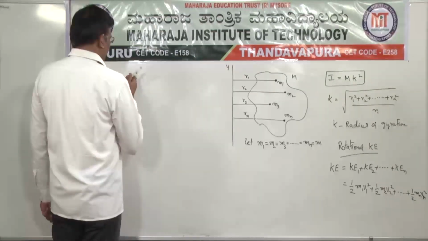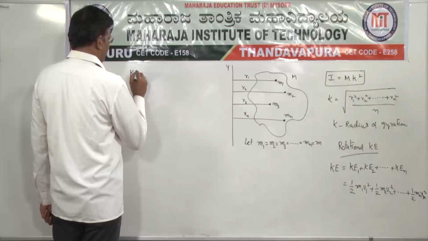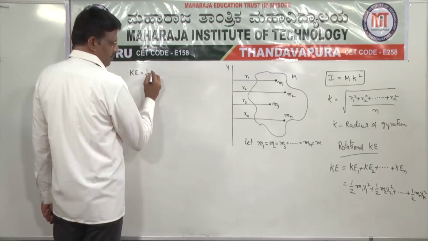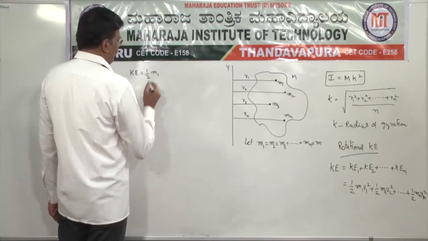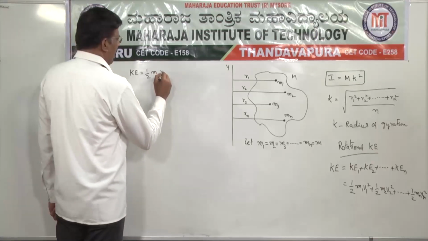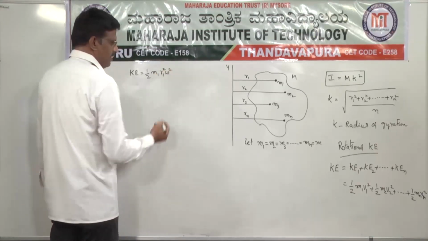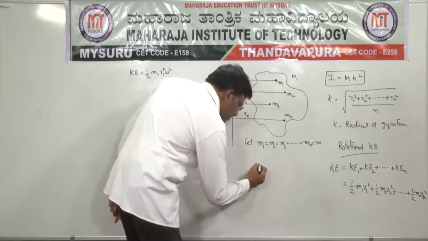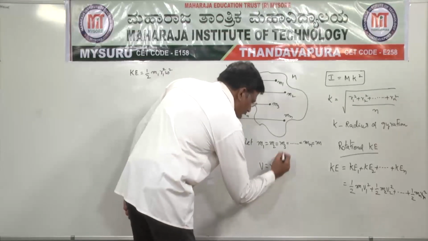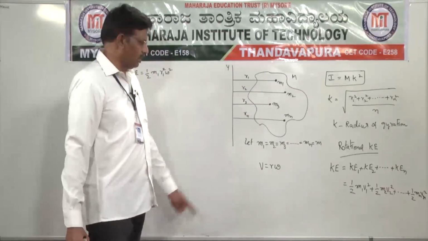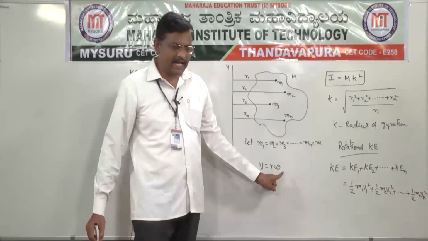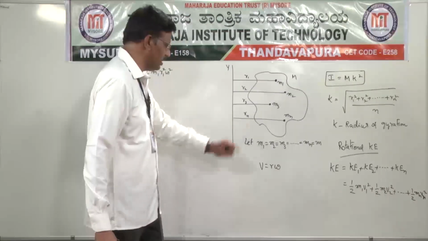So KE is equal to half m1 v1 square, which can be written as half m1 r1 square omega square, because we know that in rotational motion v is equal to r omega, the relation between linear velocity and angular velocity, where r is the radius.